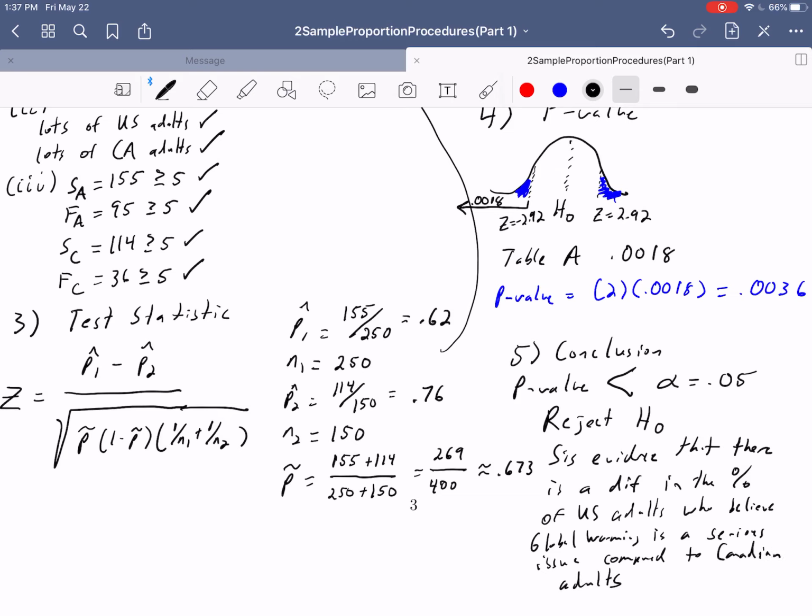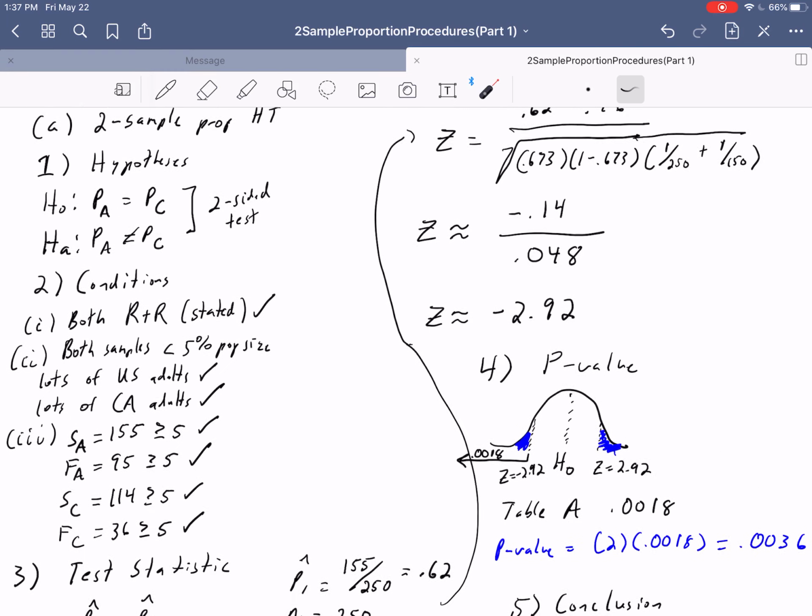So in other words, given the information we had here, there is significant evidence to believe that there is a difference in opinion in the severity of global warming between U.S. adults and Canadian adults. We are convinced by that. Even though we only talked to 250 and 150 adults from each population, there was a big enough difference in those two samples to really believe that there is a difference between the two populations.